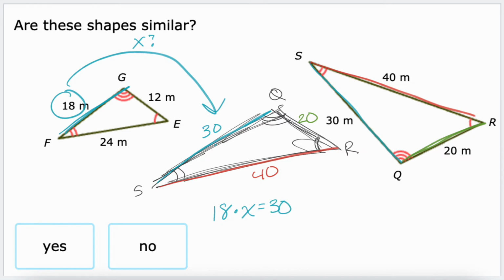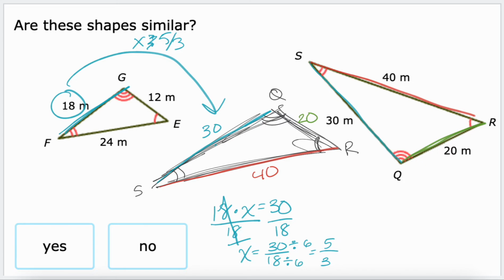So let's solve this algebraically. We just have x is equal to 30 over 18. And I know that both of these numbers are divisible by 6. So we get 5/3. Okay, so here we multiply by 5/3. All right, so let's see if that's the same for our green side.